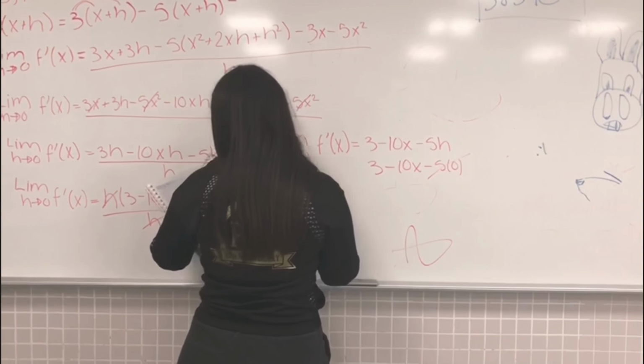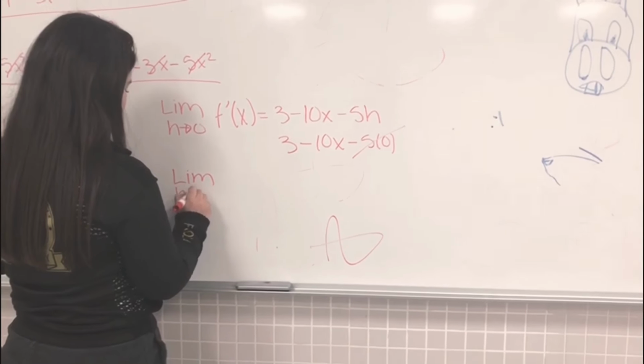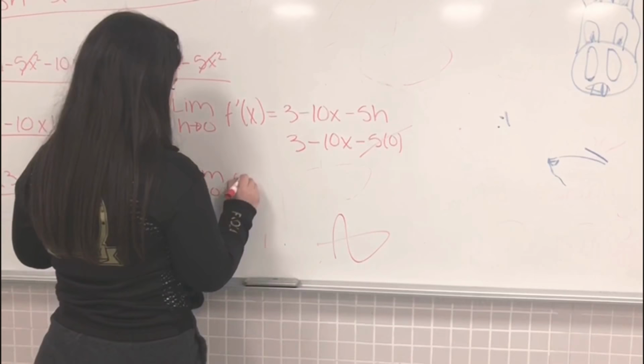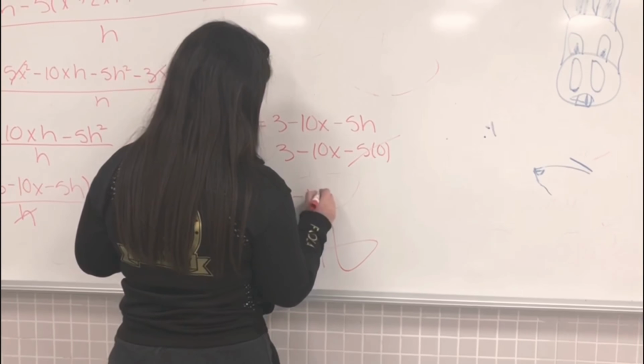So our final answer would be the limit as h tends to 0 of f prime of x is 3 minus 10x.